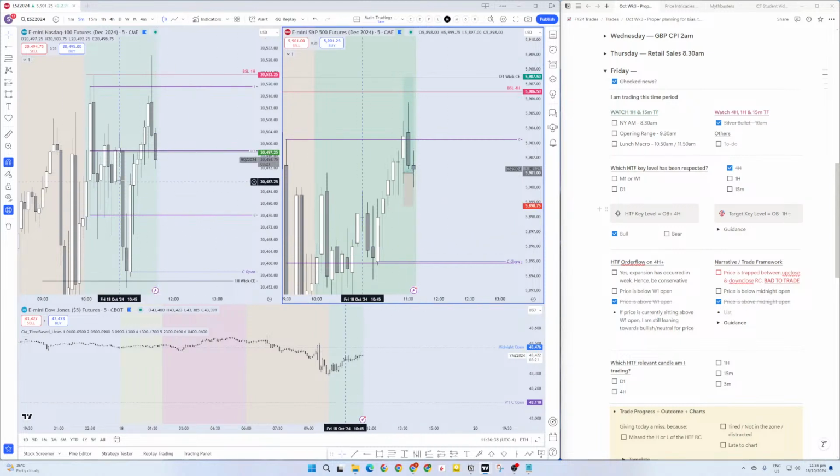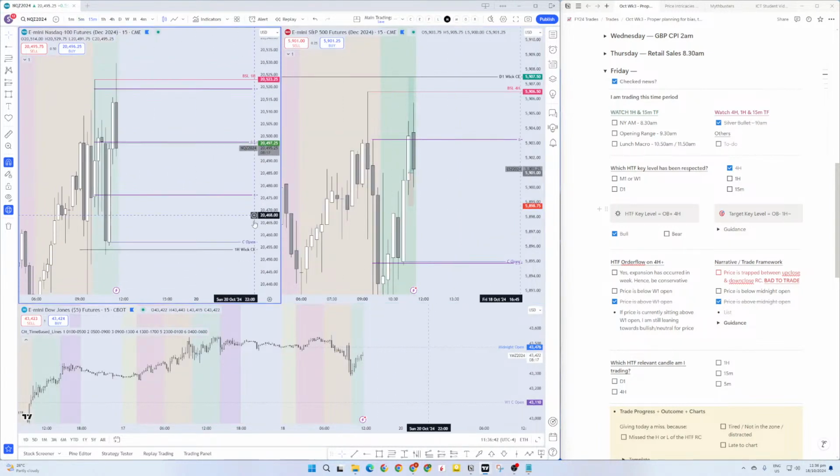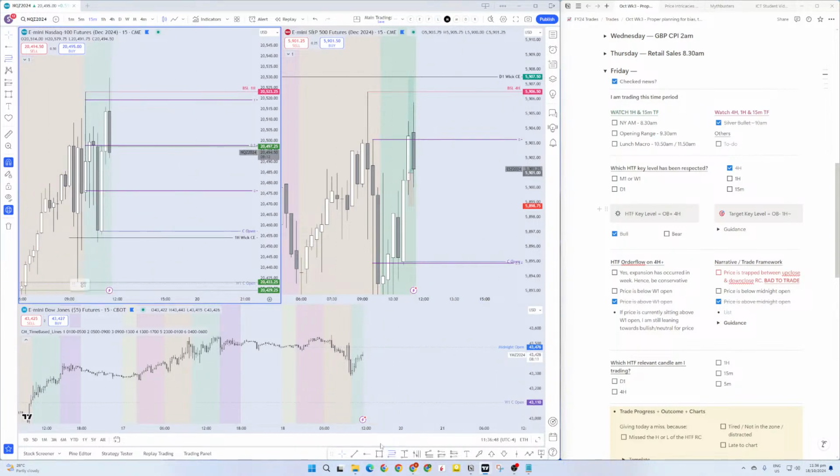Into the middle of this 15-minute candle. It can reach this level, which is about 20477, and even if we touch it, it can still be bullish.